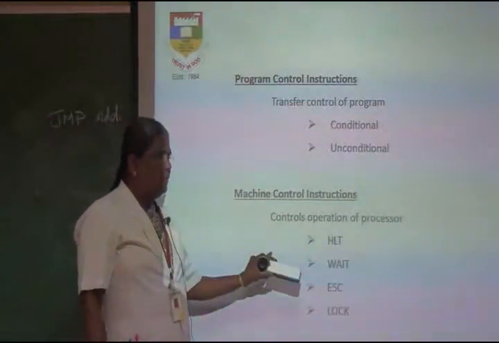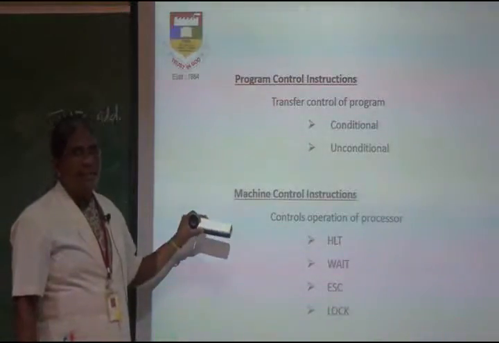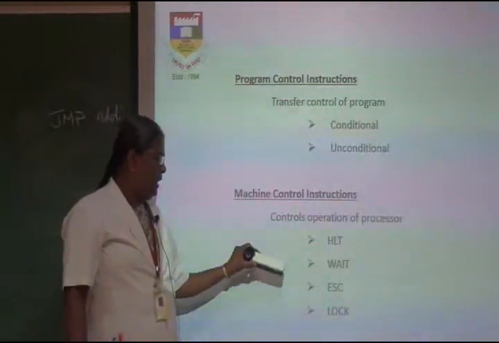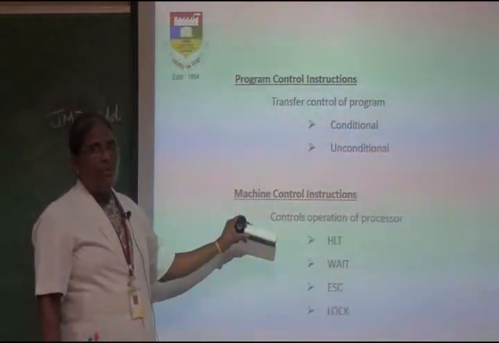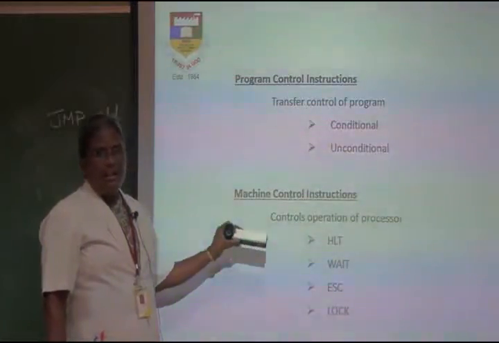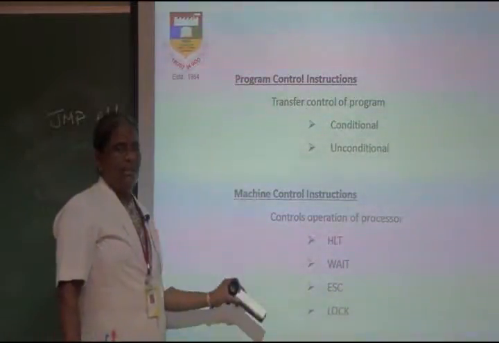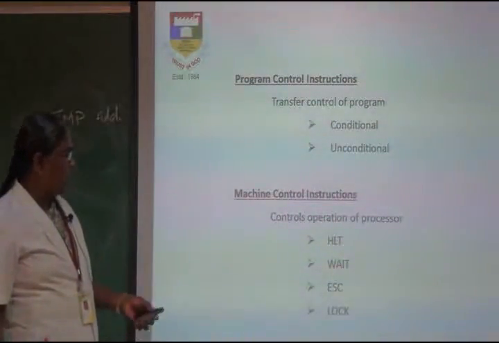If the test pin is low, then only the processor will continue. Otherwise, it performs no operation. Escape is used for accessing the coprocessors, and lock instruction is to prevent the accessing of buses by the other processor. These are the machine control instructions.